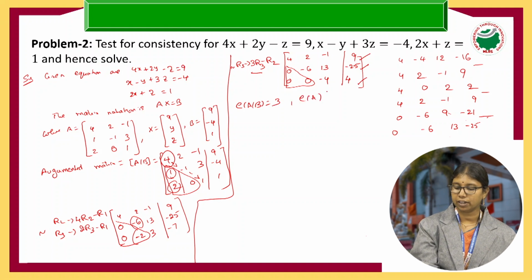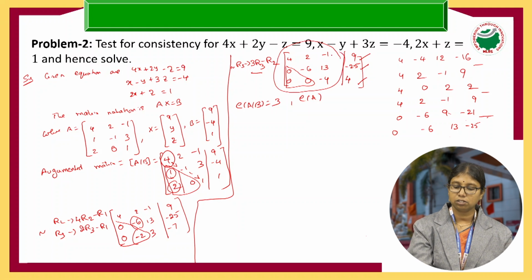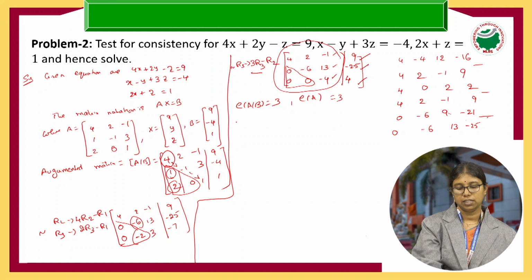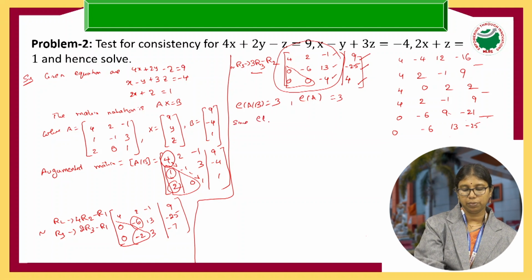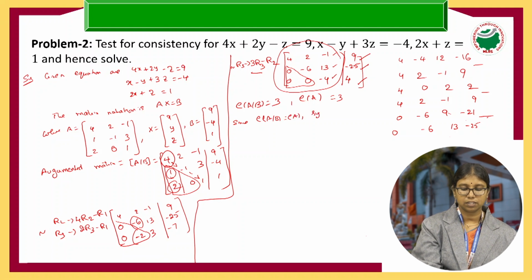Next, rank of A. Rank of A means you have to choose only the matrix A. Here also I have 3 non-zero rows. So rank of A equal to 3. Since rank of A given B is equal to rank of A, the system has a unique solution.